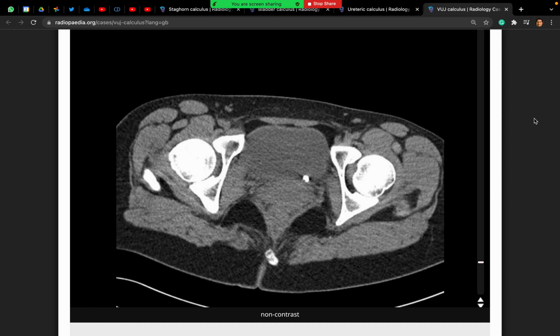So this is a 6 millimeter distal ureteric stone on the left side with upstream dilatation. So I will confirm the patient's observations, check their pain status, administer analgesia, and await the results of the full blood count and urea and electrolytes, and use these to decide on the best management option moving forward.